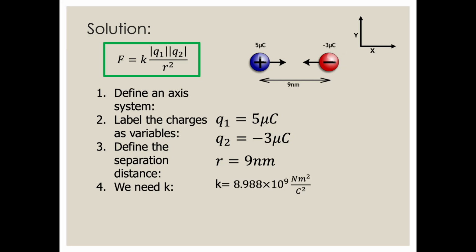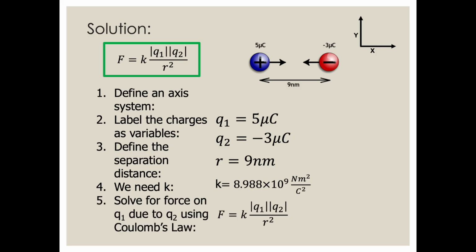Step 4, we need to recall what the value of the Coulomb constant is. And so I'm showing that here, lowercase k. Step 5, now we apply Coulomb's law to solve for the magnitude of the force.